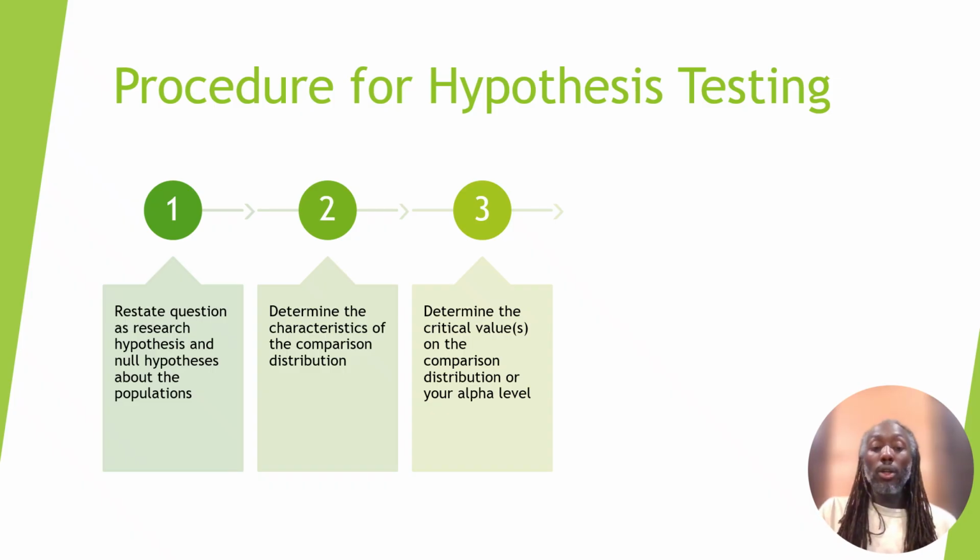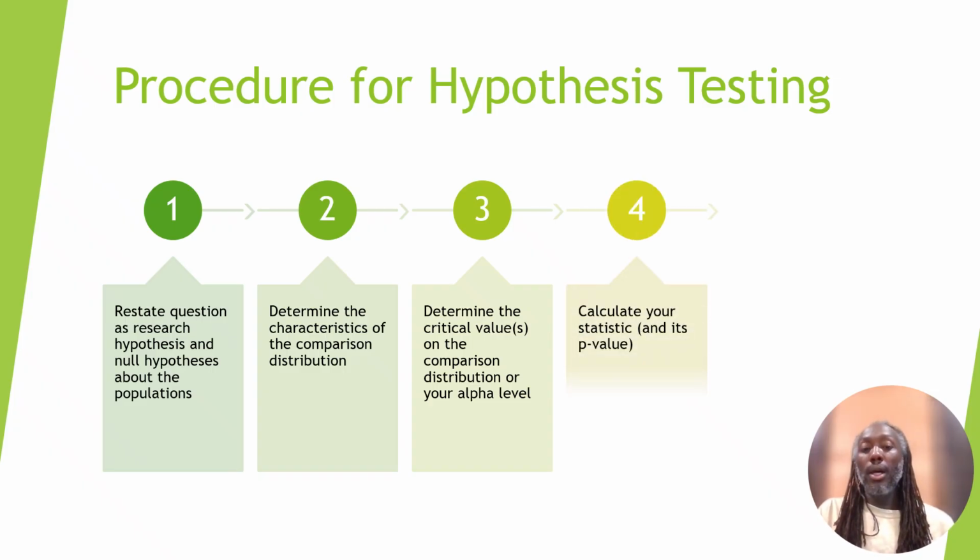But remember, we could also simply set an alpha level if we are using some software or if we're going to do the math of calculating the p-value associated with our data. After we've identified those critical values and set our alpha, we're going to calculate our statistic.